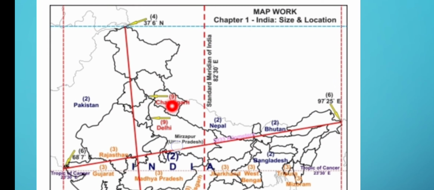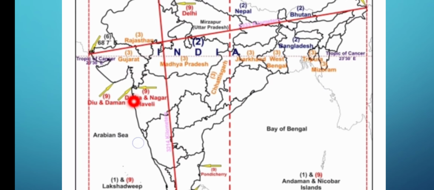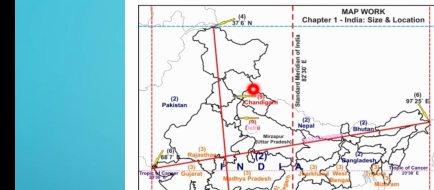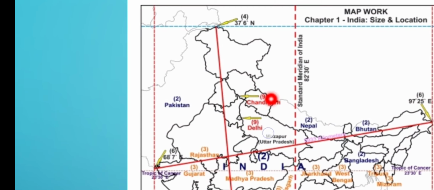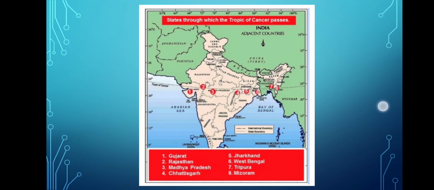So you can write this answer, or Delhi. It is a landlocked union territory. Rest of the union territories, Daman and Diu, Dadra and Nagar Haveli, are not landlocked. They are located on the coast. So you have to write the landlocked union territory if it is asked like this. Chandigarh or Delhi, these are the landlocked union territories. From here anyone you can write.